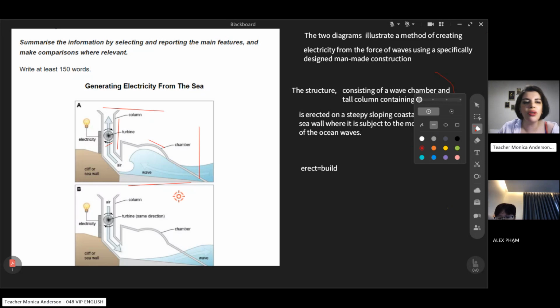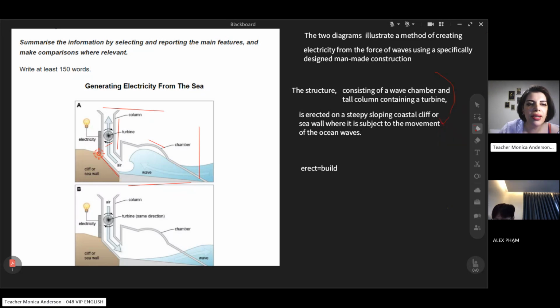So let me show you, this one, as you can see. And it can be a cliff. Do you know the meaning of cliff? A cliff is a very steep, vertical face of rock, like this, as you can see.